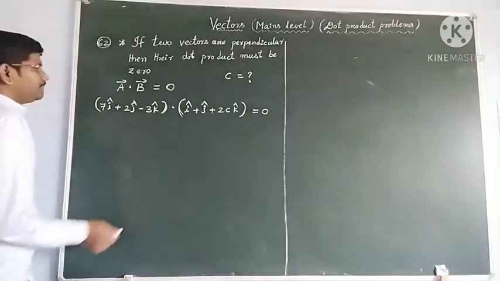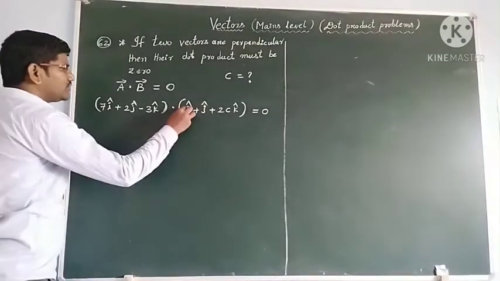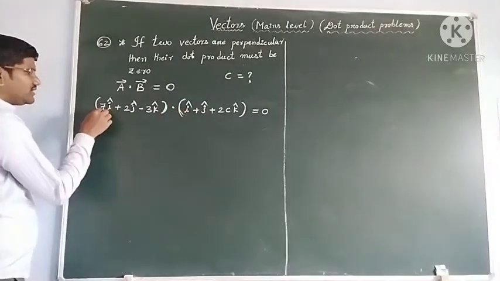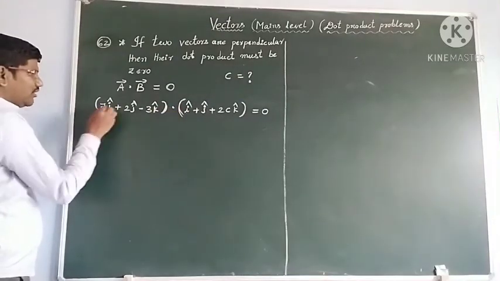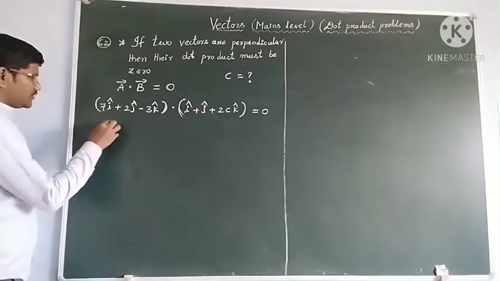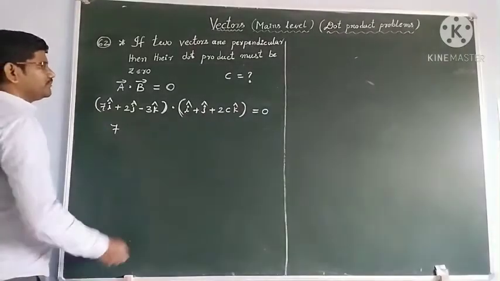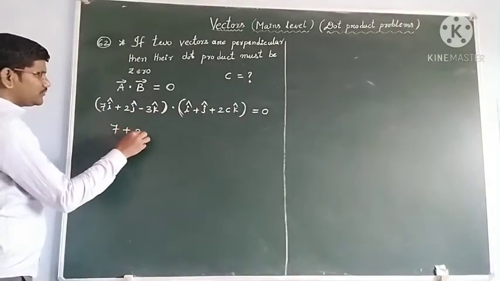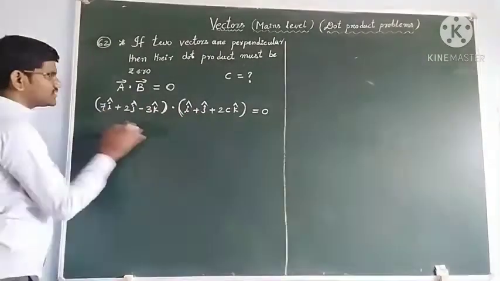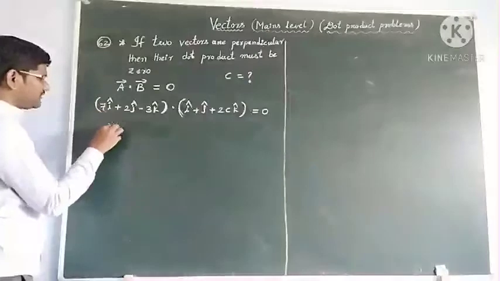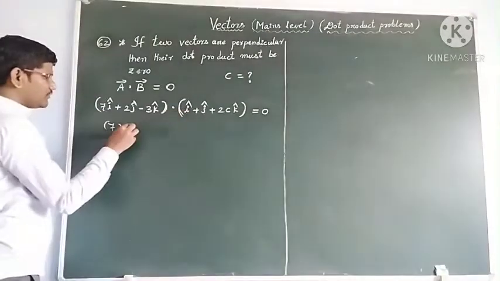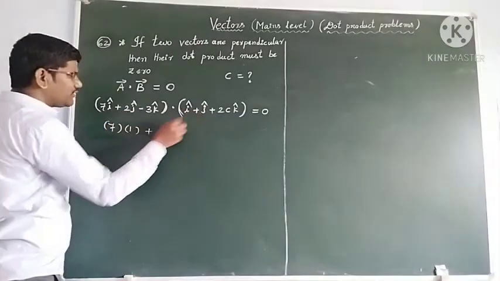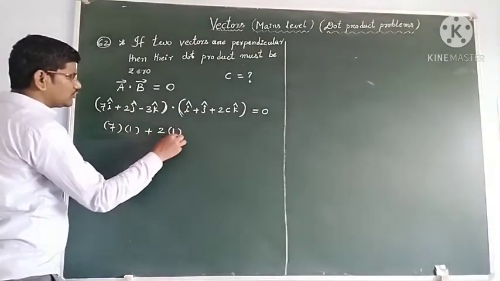Now in the dot product we just multiply i dot i, j dot j and so on. Here i cap coefficient is 7 and here i cap coefficient is 1, so 7 into 1. Plus j cap coefficient 2, here j cap coefficient is 1, so 2 into 1.